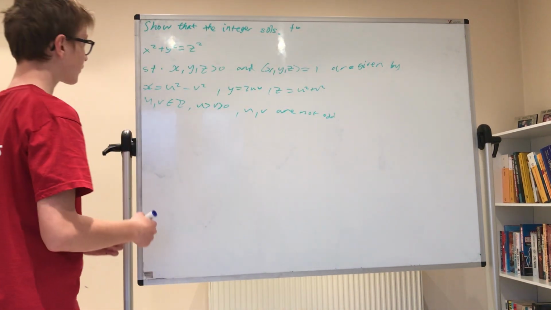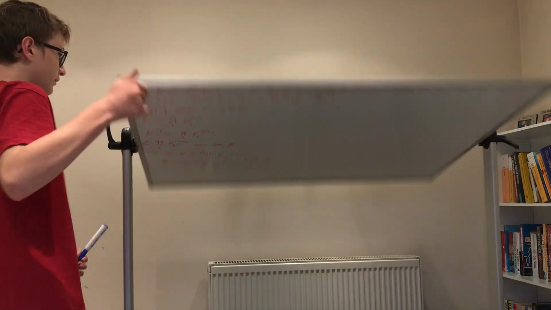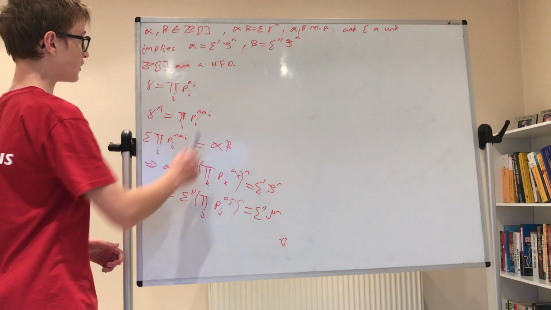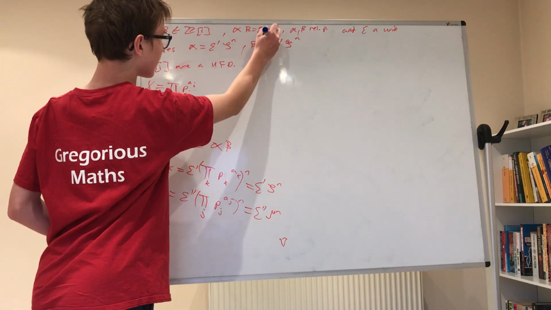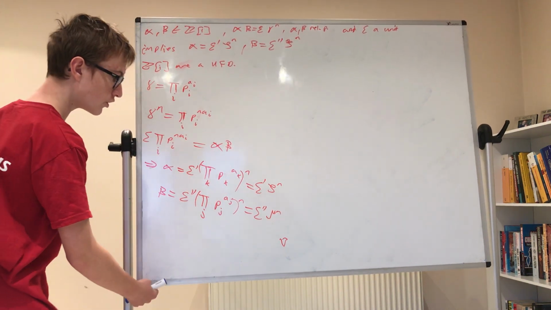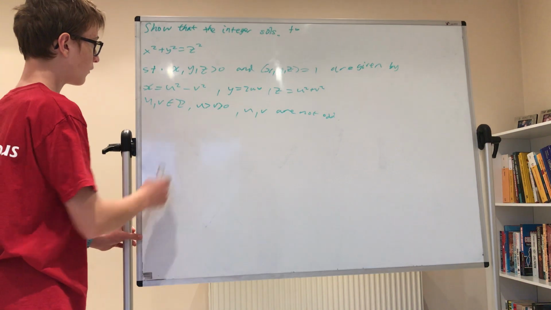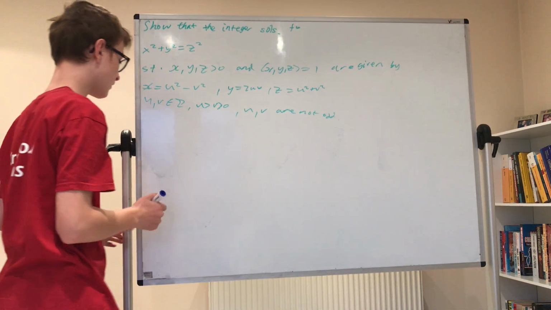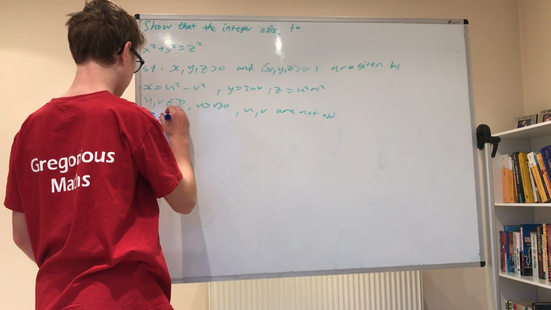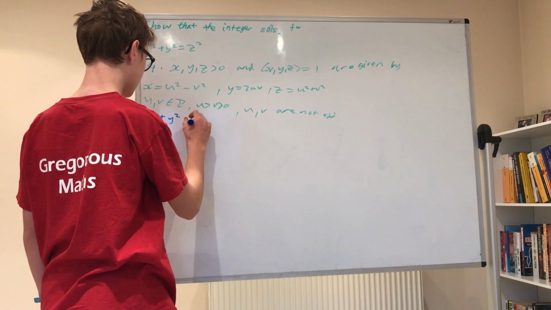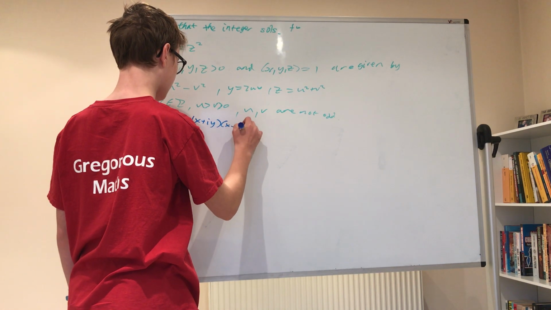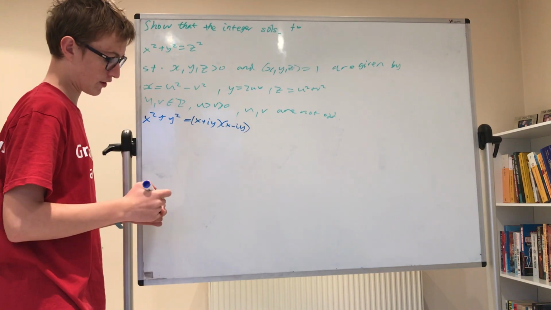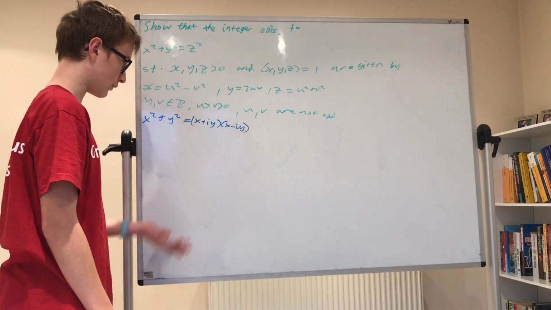Let's do it then. Alright, so the way to do this is we use this exercise. Right here we have a product and we have a power of 2 on the right hand side. What is this? Well, x squared plus y squared is equal to x plus iy times x minus iy. And these are co-prime in the Gaussian integers, which you can check if you like.